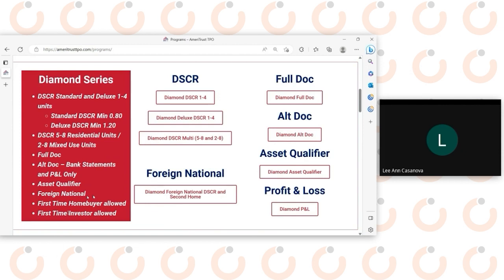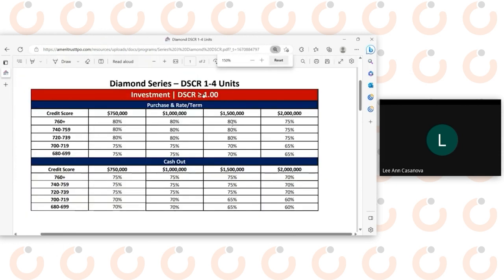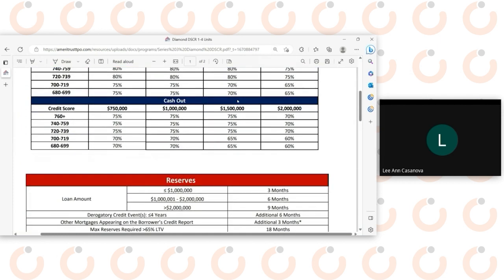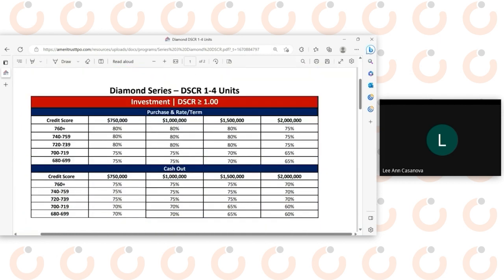Okay? But if you look, you can click into each matrix, and this is what's so nice. It's going to give you a breakdown. All you have to do is look at your FICO score, come over here and say, oh, great, I've got over 1. All right, my FICO is 720. Can I do 80? You sure can.